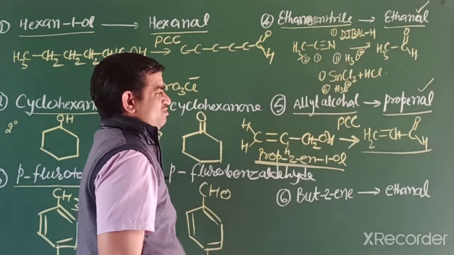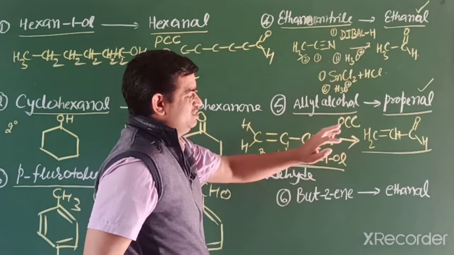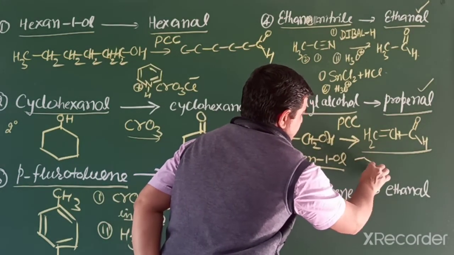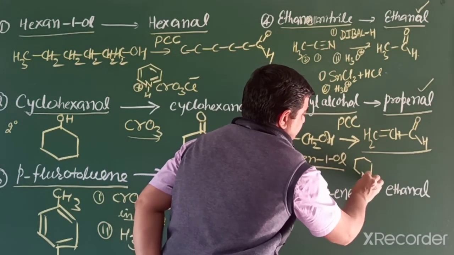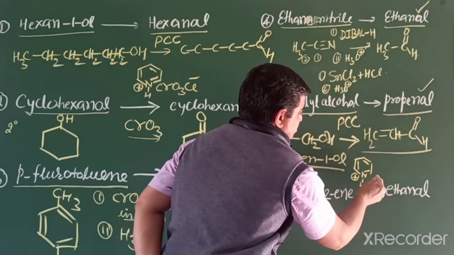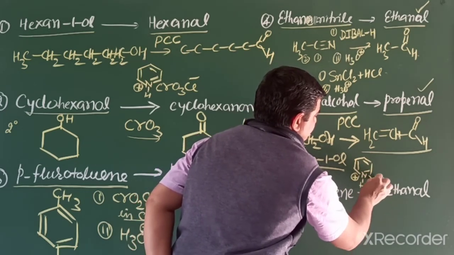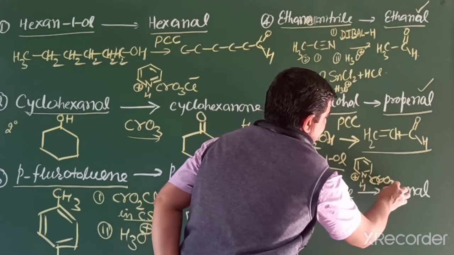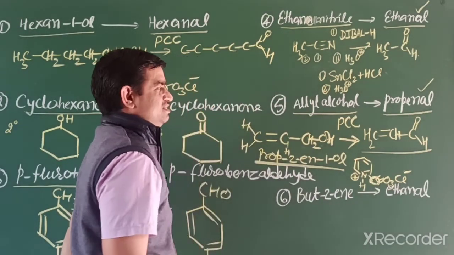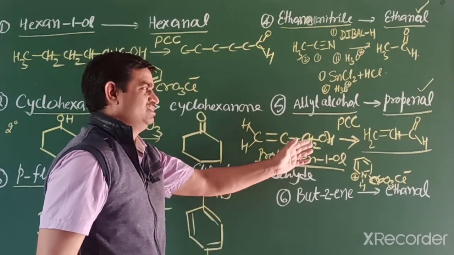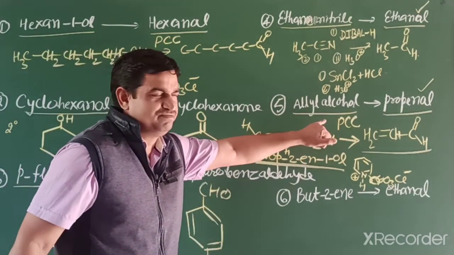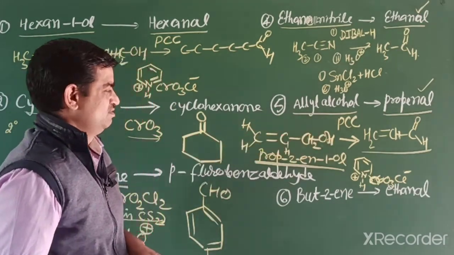For 1 degree alcohol the reagent is PCC, pyridinium chlorochromate, a selective oxidizing reagent. It stops the reaction at the aldehyde, and it does not affect the double bond also.